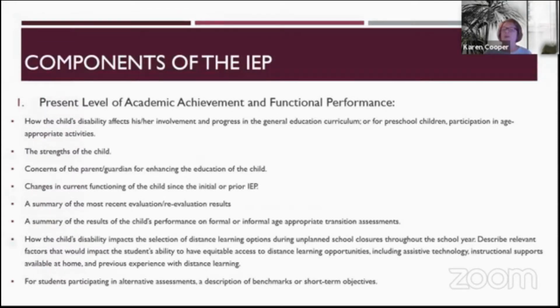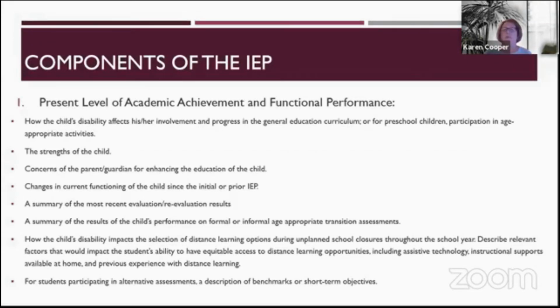But I want parents to know that you should be contributing information into that present level as well. You know your child best, and the information that you provide is very valuable.